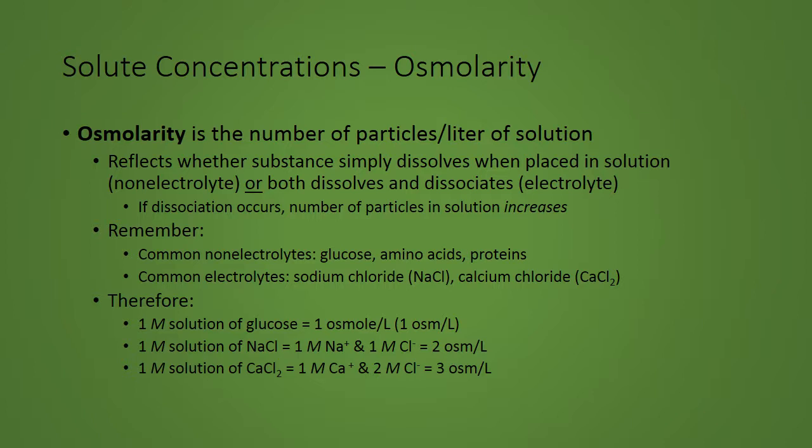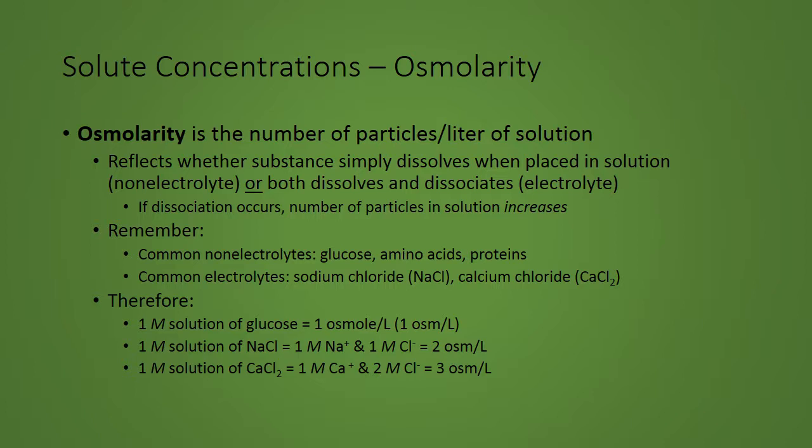But we have to have another concentration unit definition, and that is osmolarity. We use osmolarity to describe the number of particles, or the moles of particles, per liter of solution. What osmolarity does is it reflects whether the solute, the substance being dissolved, is a non-electrolyte, like sucrose, or whether it's an electrolyte.